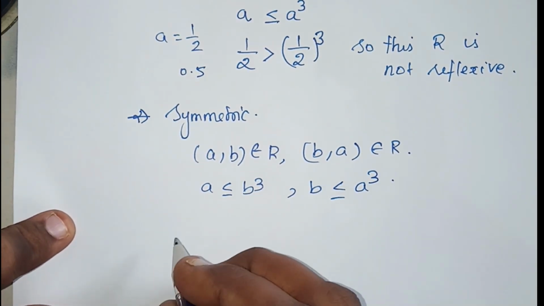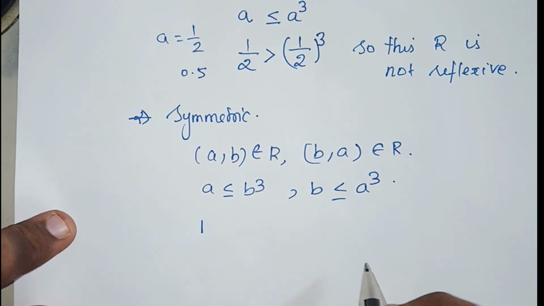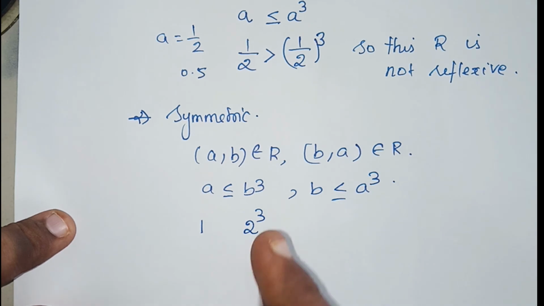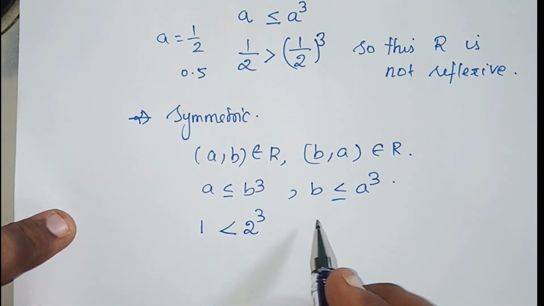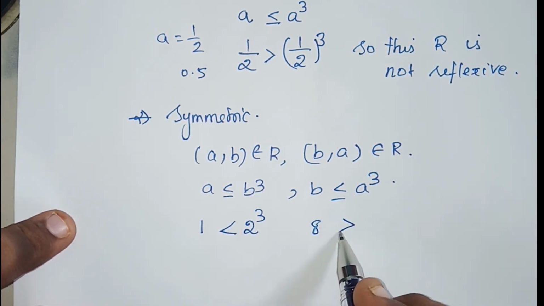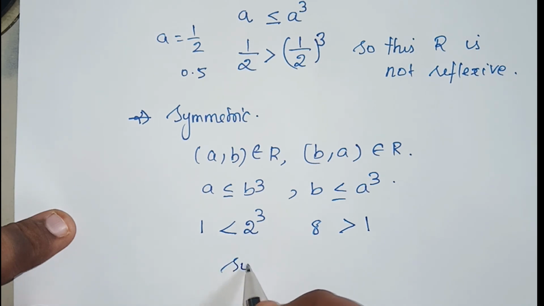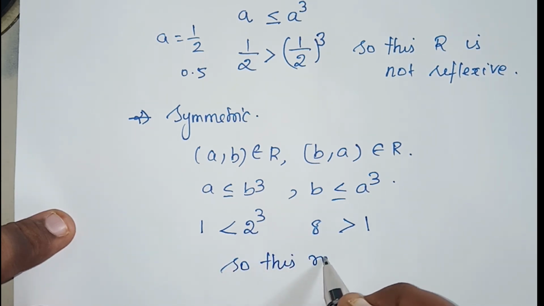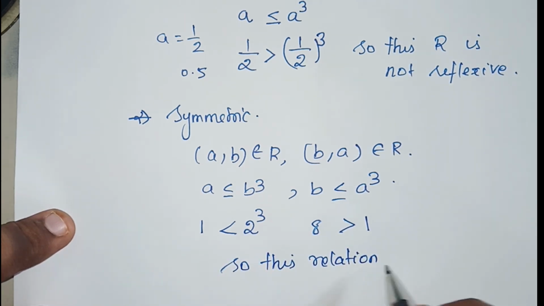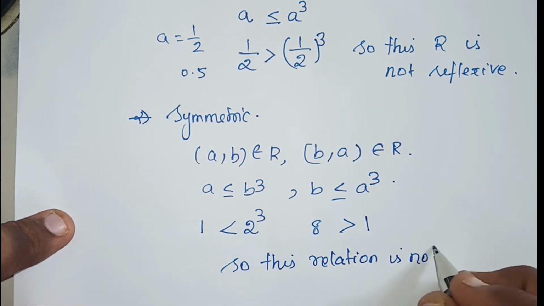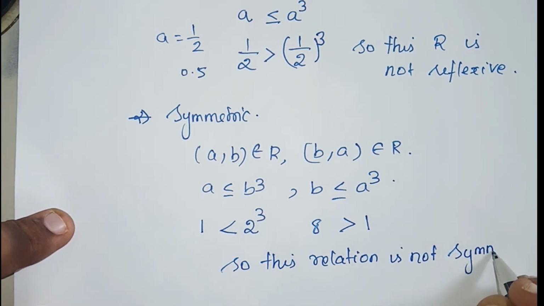So we will take A as 1, B as 2. 2 cube is nothing but 8. So 1 is obviously less than 8, right? But 8 is greater than 1. So it is not less than A cube. So this relation is not symmetric.